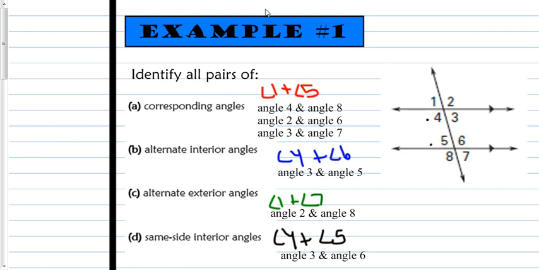And our other pair of same side interior angles is angle 3 and angle 6. They are on the same side of this transversal. They're both on the right-hand side of the transversal, and they're in between the parallel lines, okay? I did not mean to write on that, sorry, my bad. They're in between the parallel lines. So angle 3 and angle 6 are same side interior angles.